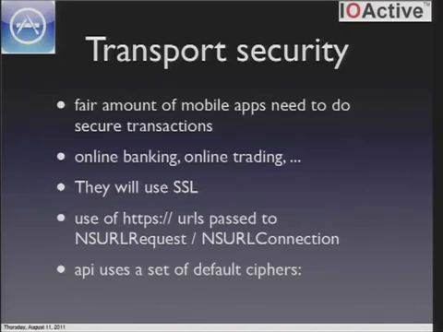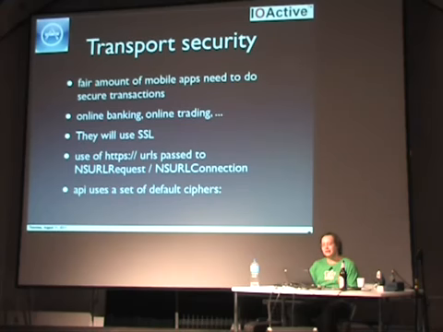Most of these apps will end up using SSL because it's the easiest thing to do, and the SSL stuff is just embedded in the APIs, and you don't have to do anything really. This usually happens by using HTTPS links, and you end up using NSURLRequest and NSURLConnection, and just using those classes, the SSL sort of happens for you.